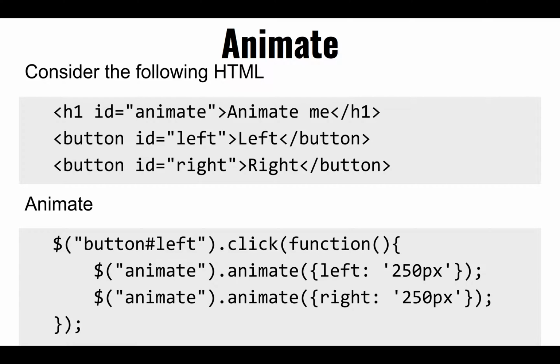What it'll do is interpolate between those two positions. I think the default time between the positions is 1 second, but you can say 5 seconds. You can say how many seconds you want between the interpolations. So you'll see the H1 here, animate me, scroll through the window from the left and from the right, between these two positions.